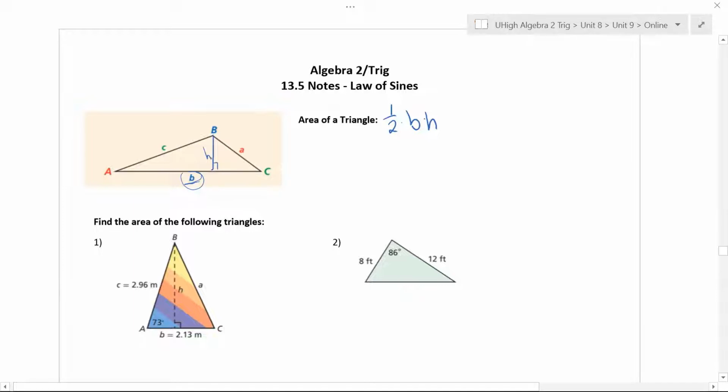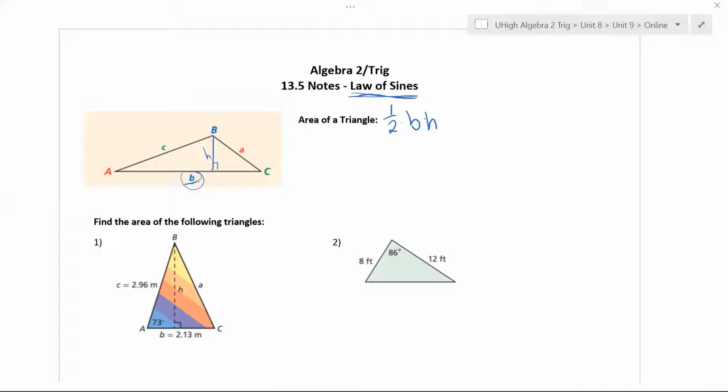So if I wanted to just use the angles and the side lengths that are given to solve the area of the triangle, I would have to find h in terms of my sides and my angles. So with the law of sines, we're going to try to do this just using the sine function. I can do this a couple different ways.